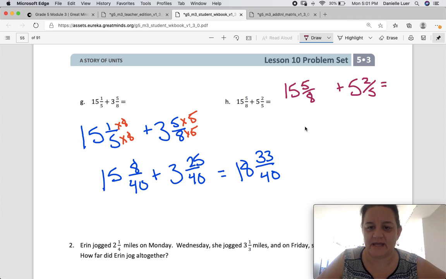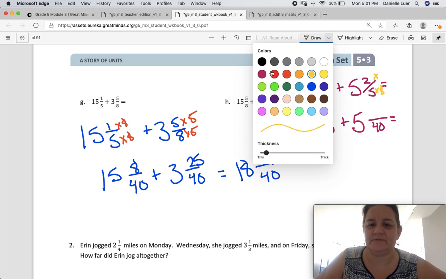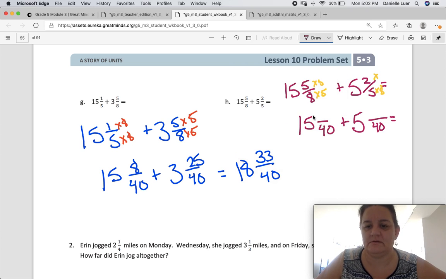So we can just go ahead and 15 something over 40 plus 5 with something over 40 equals, okay, now I multiply this by 5 and that by 5 and this by 8 and that by 8, and my equivalent fraction here will be 25/40, and I know that from here, right? And on this side I will have 16/40.